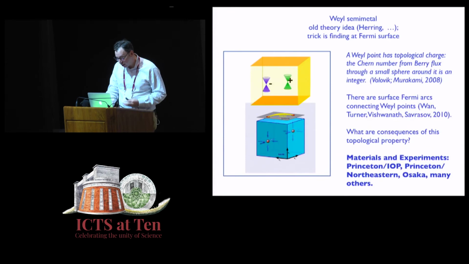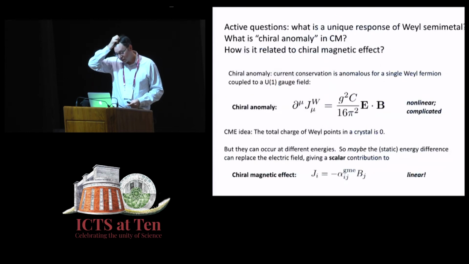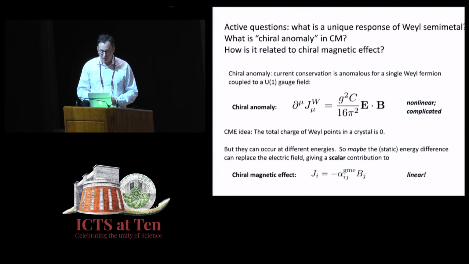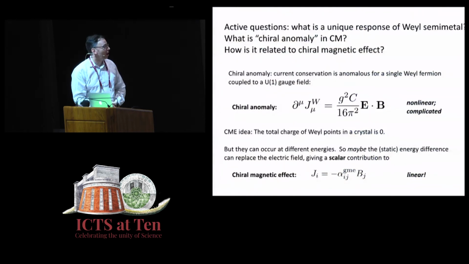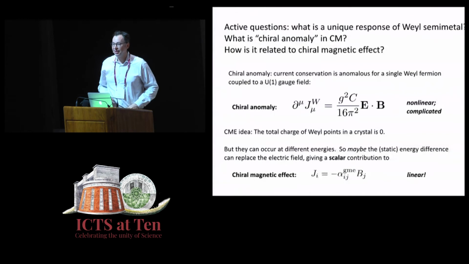Let me focus a bit on the bulk and just how can you tell that there's this unusual massless fermion? So the first hope was there's an interesting failure of current conservation if you have a single Weyl fermion, the so-called chiral anomaly, a nice accomplishment from, again, particle physics, which is that if you have this same combination of parallel electric and magnetic fields, you spontaneously create charge, which is normally a problem.